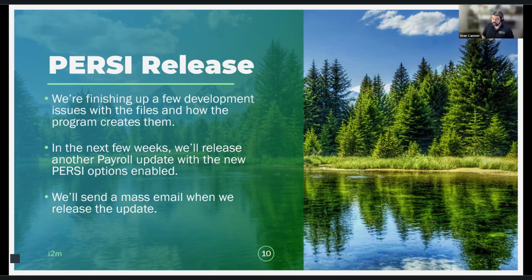In the next couple of weeks, we are going to have another payroll update, and the new PERSI transmittal file options will be enabled. So when you go to build your PERSI transmittal, you will be able to create the old transmittal file or the new transmittal file if you want to tinker around with it.